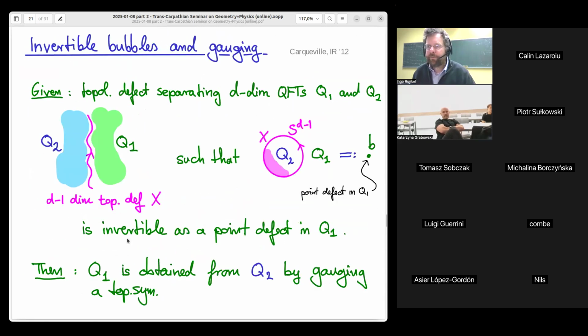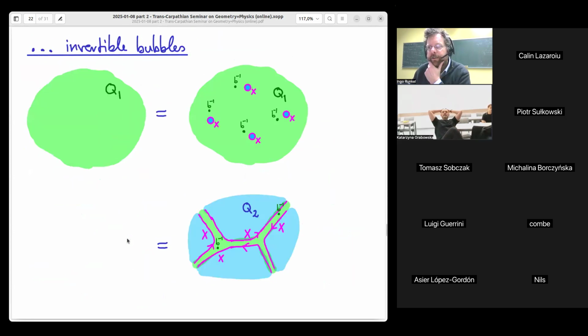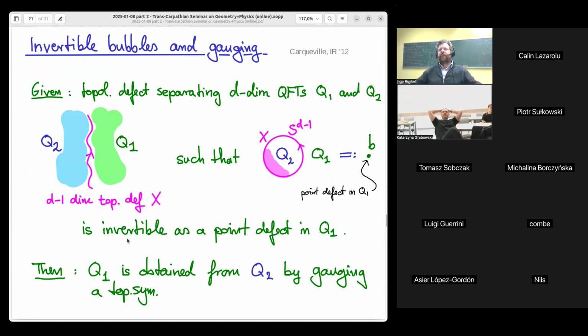So we did this, and I'm running out of time, so maybe I do this one thing and then I stop. I want to say that being related by gauging defines an equivalence relation on quantum field theories. You can ask, can I obtain one quantum field theory by gauging a topological symmetry of another?